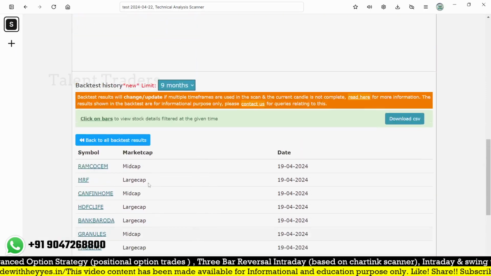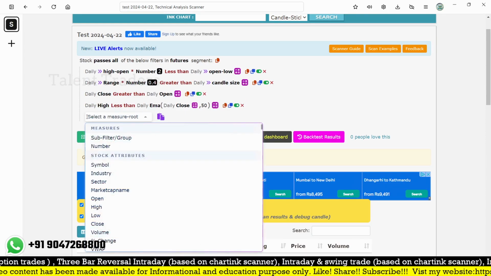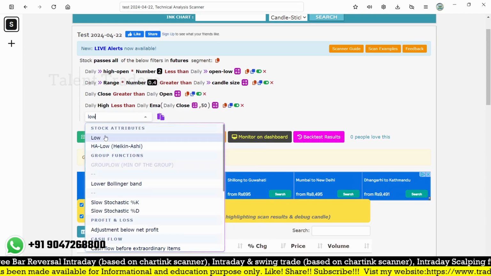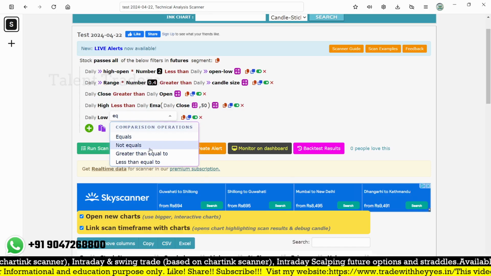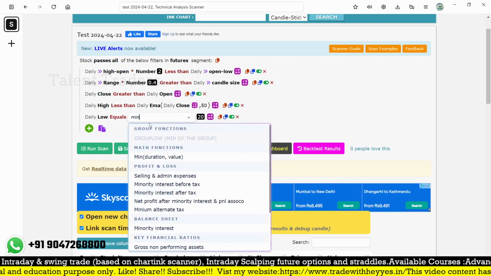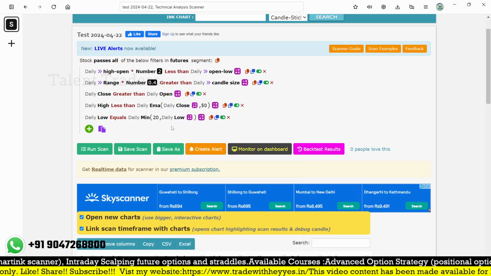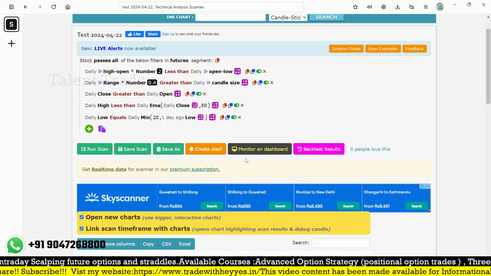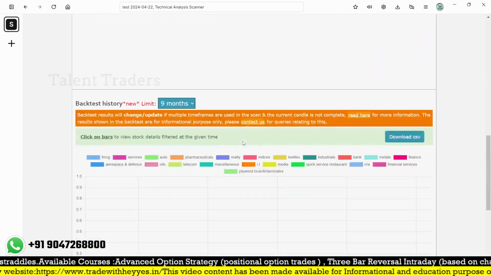And one more condition which you can filter out: the low of that particular day must be the minimum, minimum duration should be 20 period, low minus 1 day ago. So by these conditions we are creating a scanner for hammer.